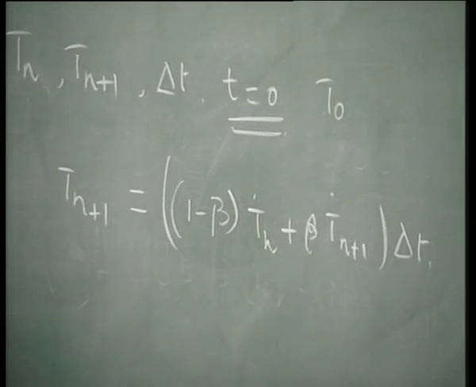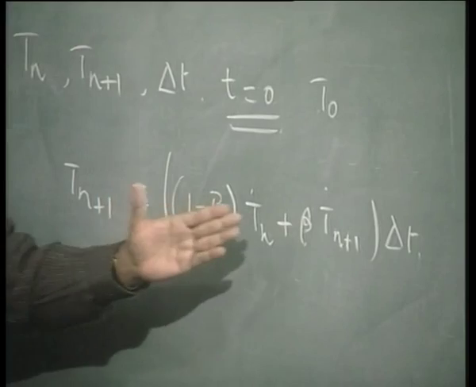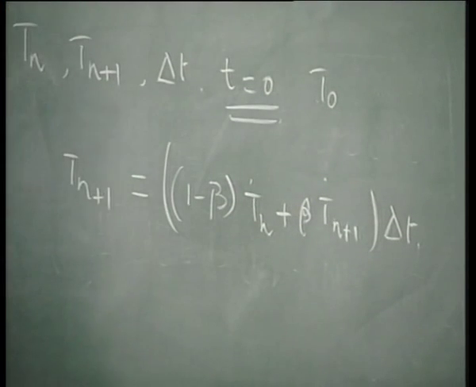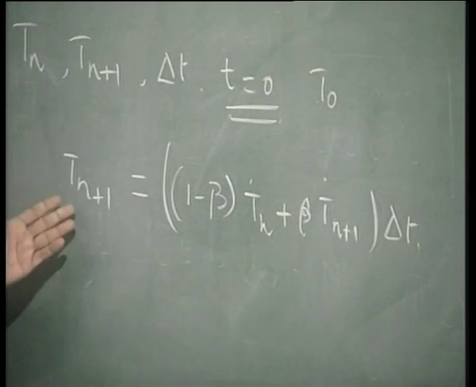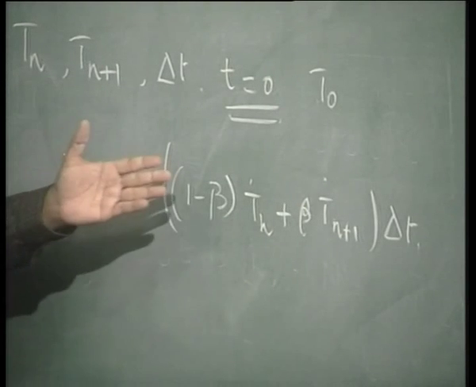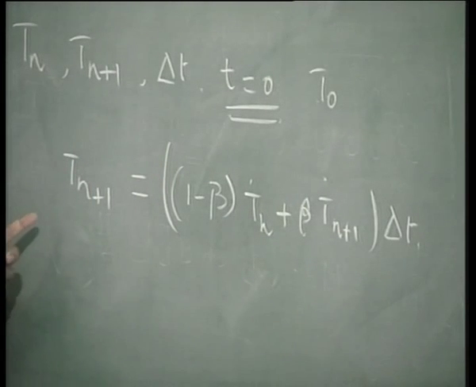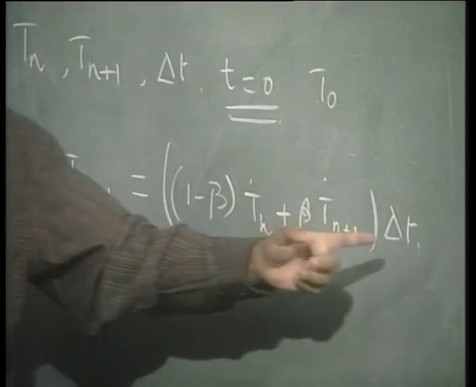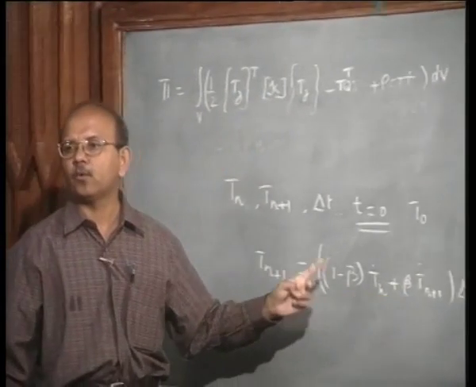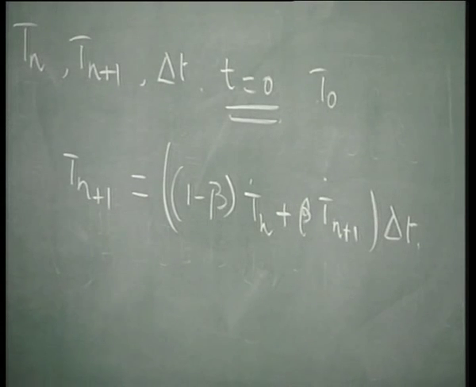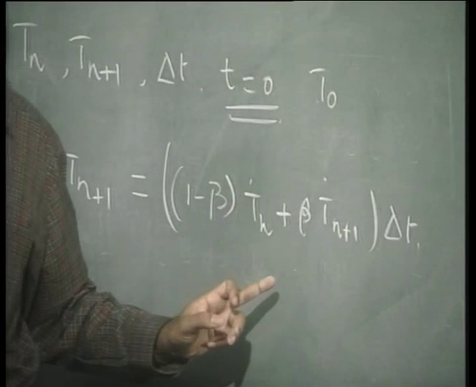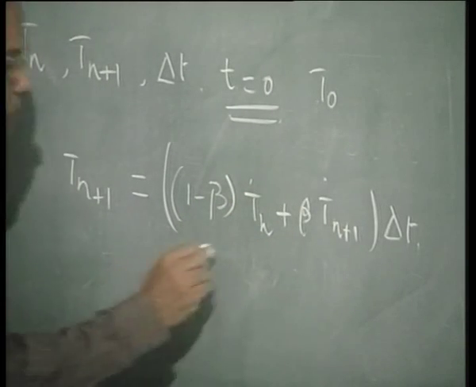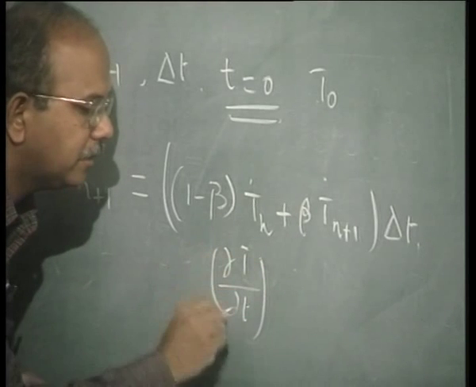Now, what happens when beta is equal to 0? We come to a very simple approximation for T n plus 1. When beta is equal to 0, then T n plus 1 is equal to T dot n delta t. In other words, we use the slope of the temperature, dou T by dou small t at the point n.